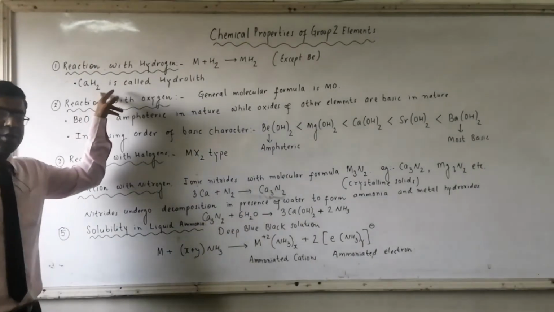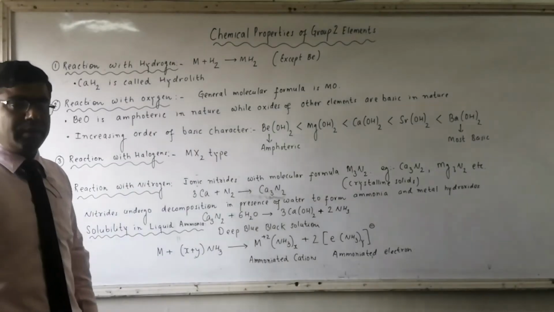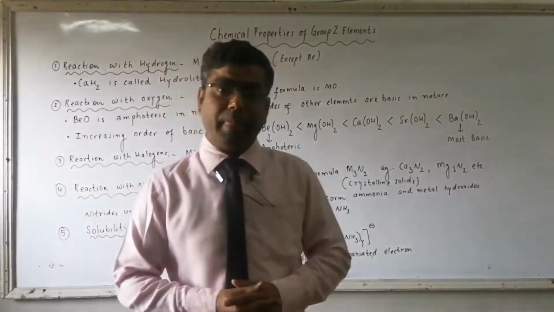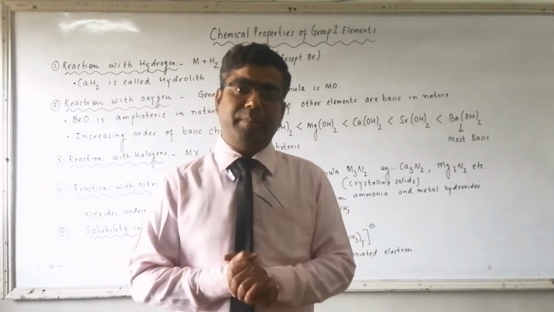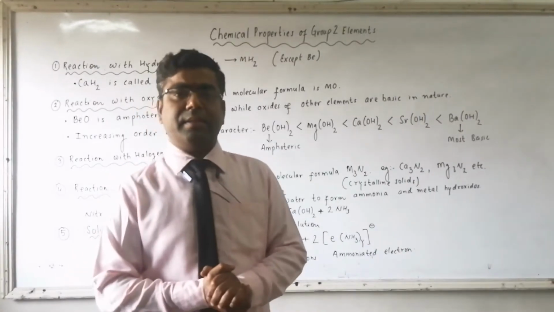CaH2, that is calcium hydride, is also called hydrolith. Calcium hydride is also called hydrolith. These hydrides act as strong reducing agents.